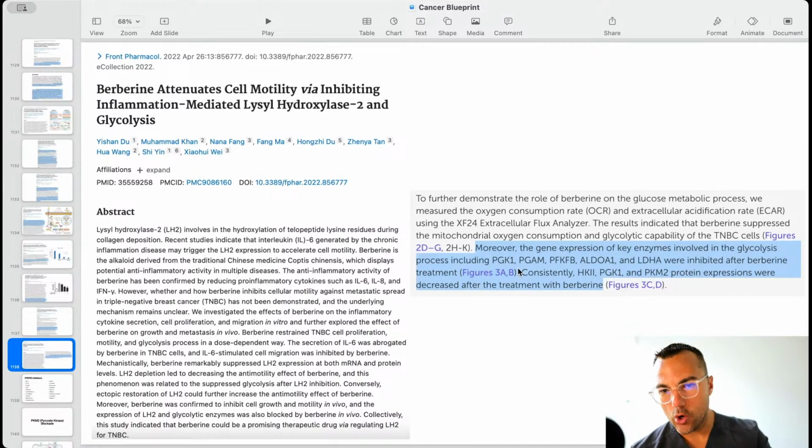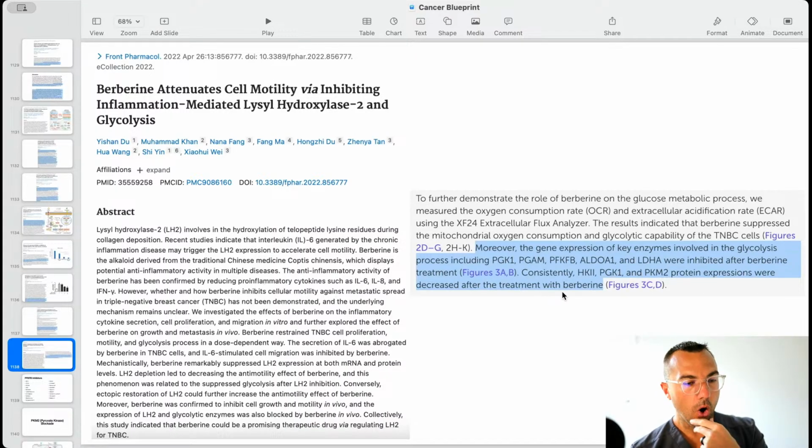But it says, moreover, the gene expression of key enzymes involved in the glycolysis process, including PGK1, PGAM, PFKFB, ALDOA1, and lactate dehydrogenase A1 or LDHA, were inhibited after berberine treatment. Consistently, hexokinase 2, PGK1, PKM2 or pyruvate kinase M2 protein expressions were decreased after treatment with berberine.